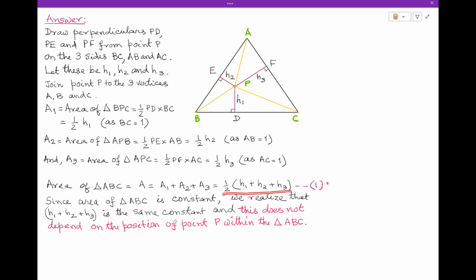Let us call it equation 1. From this equation, we see the following conclusion: since the area of ABC is constant, H1 plus H2 plus H3 is the same constant, and more importantly, this does not depend on the position of the point P within the triangle ABC.